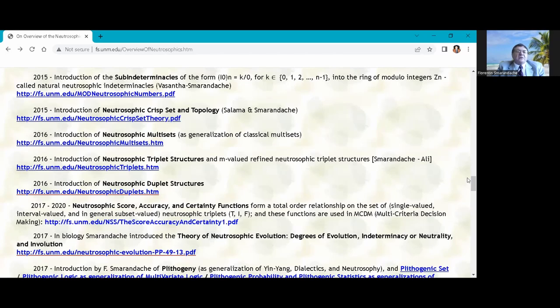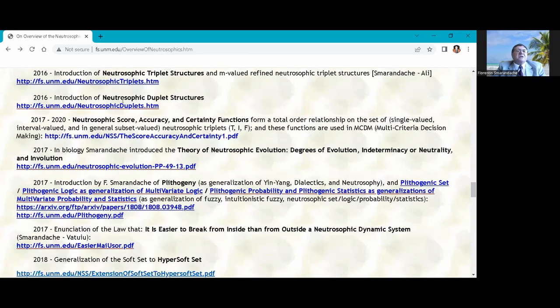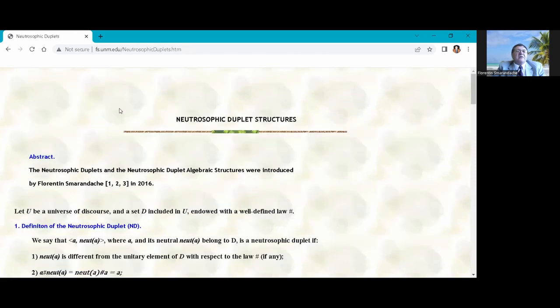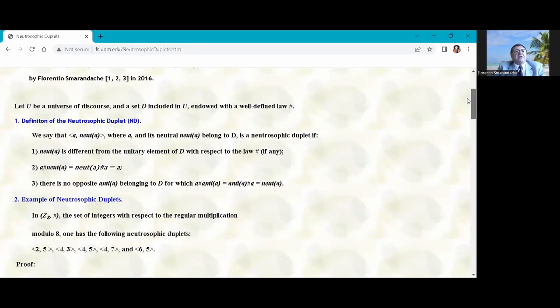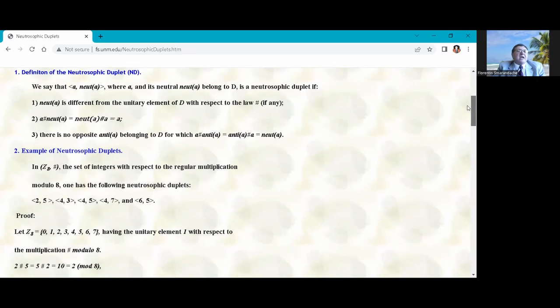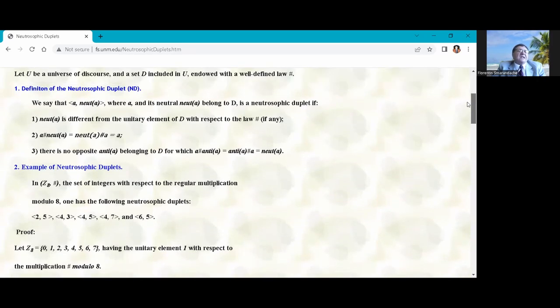Further on, the Neutrosophic duplet structures were also defined, starting in 2016, and here we have only A and neutral of A, and anti-A does not exist.